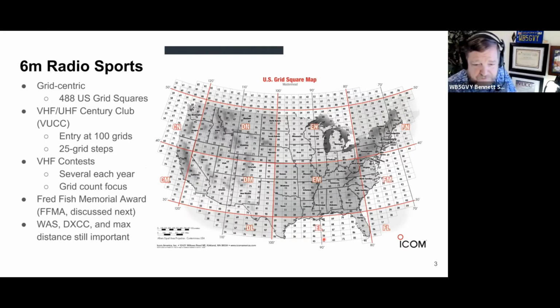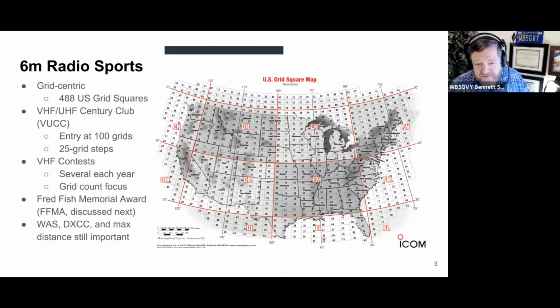There's an award threshold called the VHF-UHF Century Club, VUCC. You can qualify for this award once you've worked and confirmed with Logbook of the World 100 grids. And then you can get additional brownie point stickers for every 25 grids beyond that.